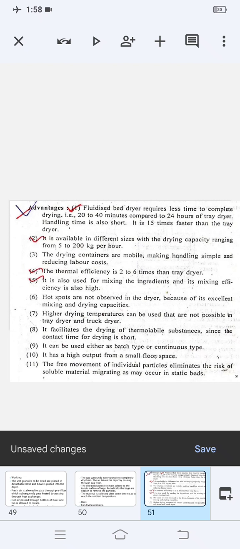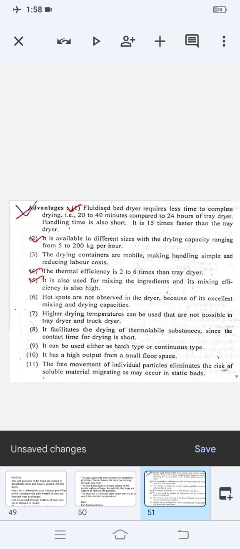The thermal efficiency is about 2 to 6 times higher than that of the tray dryer. It is also used for mixing the ingredients, and mixing efficiency is very high. Next is, hot spots are not observed in the dryer because of its excellent mixing and drying capacities.